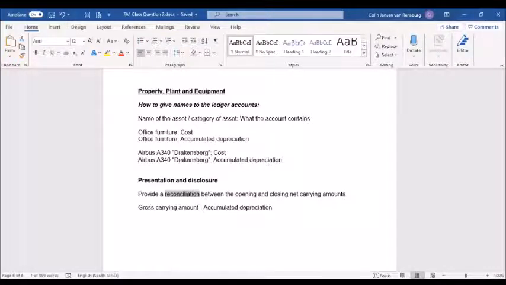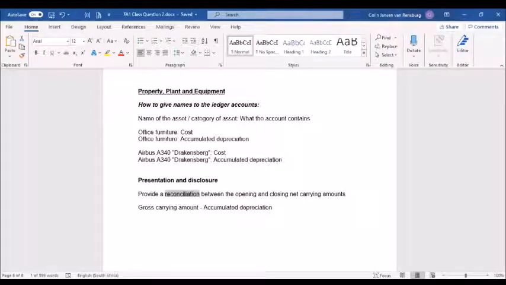Now, when I say movement, movement will be, for instance, when it comes to the cost of the items, either additions or acquisitions, property, plant and equipment items that you've added during the course of the year, and obviously then also disposals. But when it comes to disposals, we must remember that we have got the cost of the item that we've disposed of in one account, and we've got its accumulated depreciation in another account.